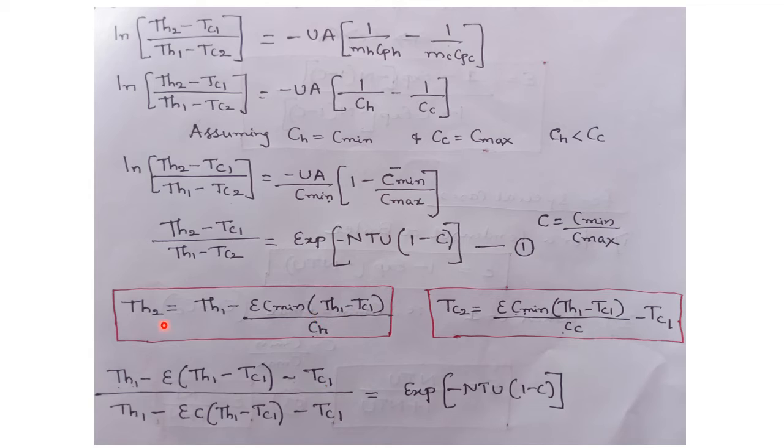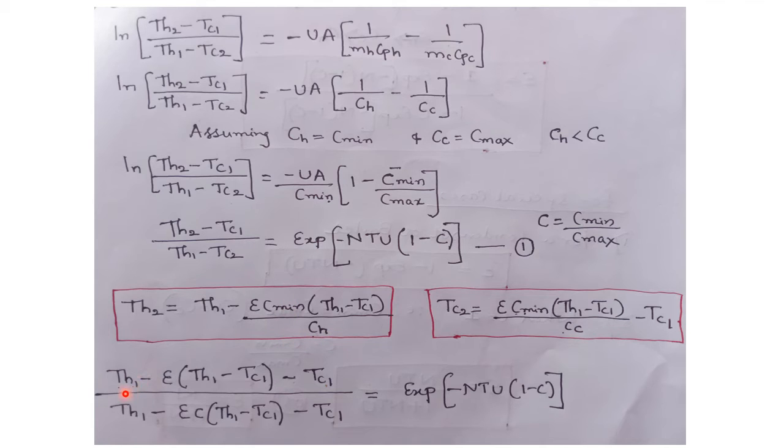The same values I am going to put in equation 1. Th2 is given by Th1 minus epsilon into C minimum into (Th1 minus Tc1) divided by Ch. Here we have already assumed Ch as C minimum, so C minimum gets cancelled.